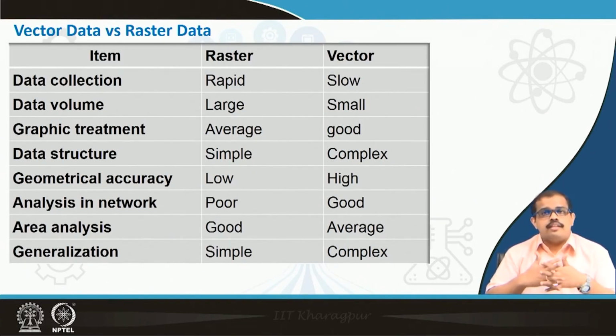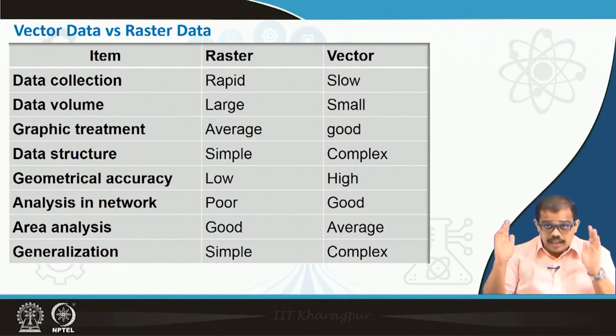So, it is fairly easy to collect raster data. But vector data is extremely slow, because you should understand the quantities that are there on the ground and collect each and every quantity in terms of points, lines and polygons, each in a different layer. So, that becomes extremely difficult in order to have vector data.